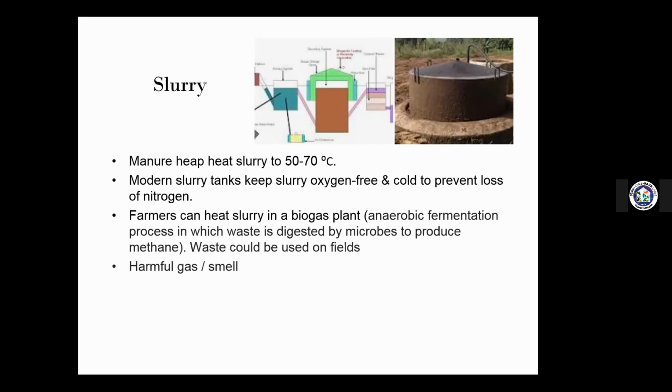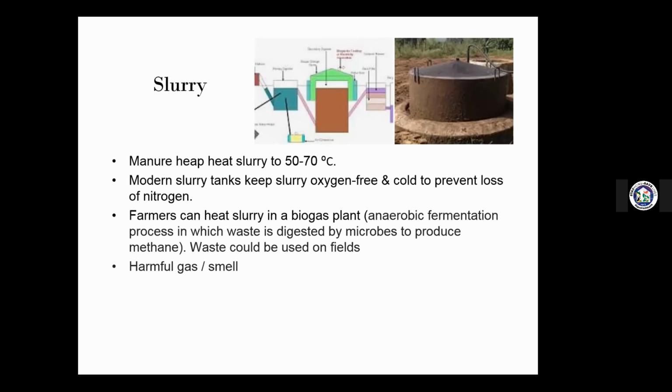So in the old days, it was not such a big problem as it is now, because your modern slurry tanks keep it oxygen free and keep it cold to prevent the loss of nitrogen. We want as much nitrogen to put on the fields, and that is why so many of the bacteria actually survive.